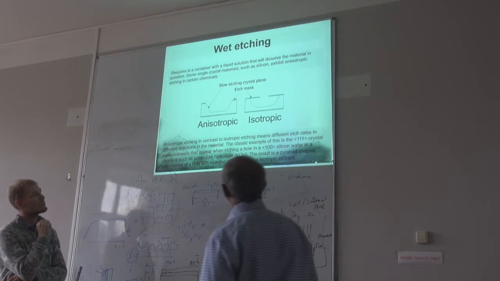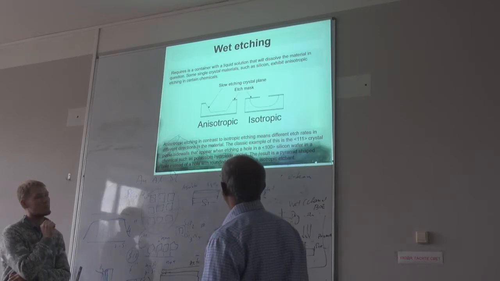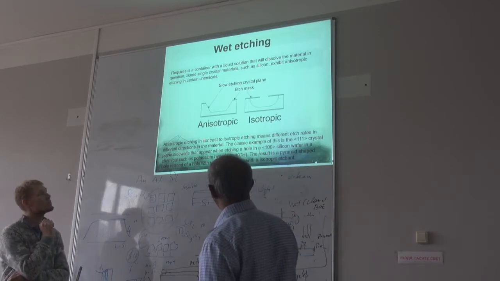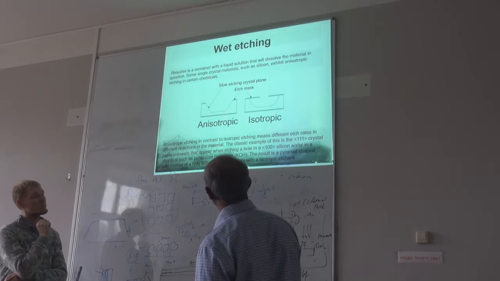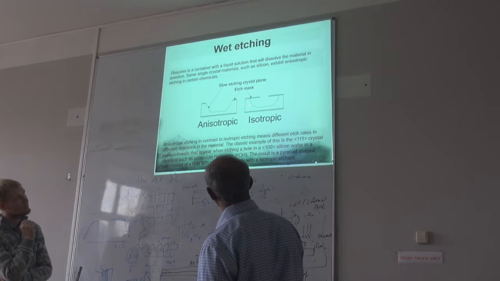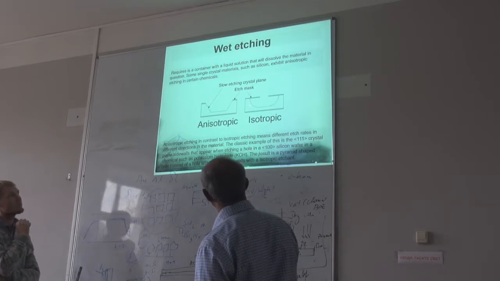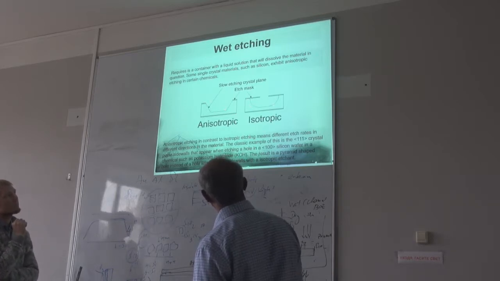So then also this etching can sometimes be anisotropic or can be isotropic. Anisotropic is where you need to have a kind of uniform etching like this, not isotropic like that.